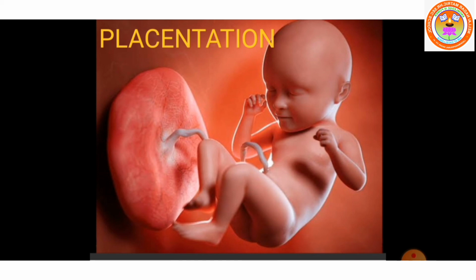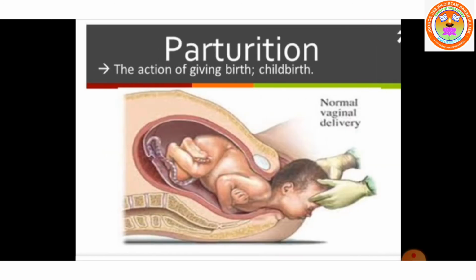The embryo's heart develops during the 4th week of pregnancy and circulates blood through the umbilical cord and placenta as well as through its own tissue. So placentation is the formation of placenta, the intimate connection between fetus and uterine wall of the mother for exchange of nutrients. Then the next step is parturition.